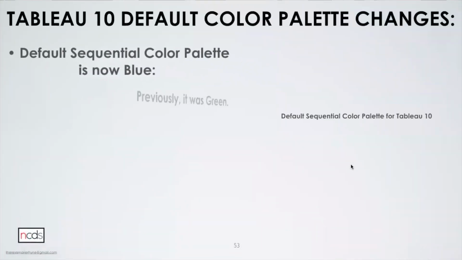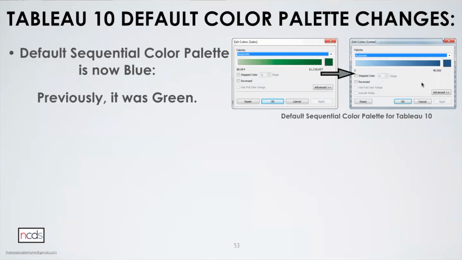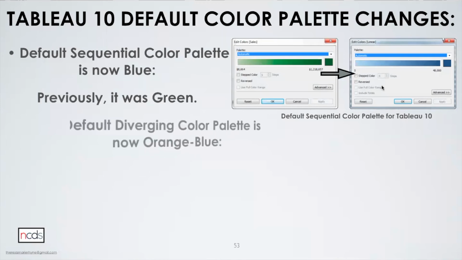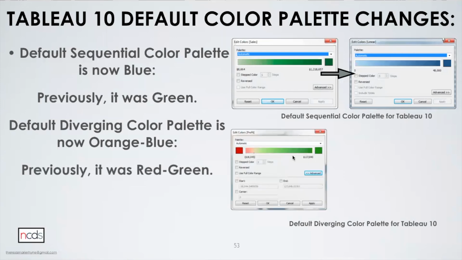So where does this relate if you're in this world of Tableau? It means it used to be that green was your default, and today your default is blue if you're developing a color palette. It also means that previously your default was red and green if you had two data sets and you were comparing them against one another.